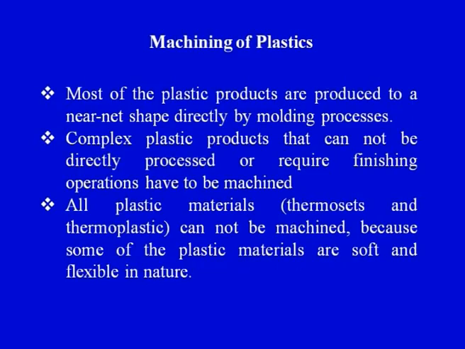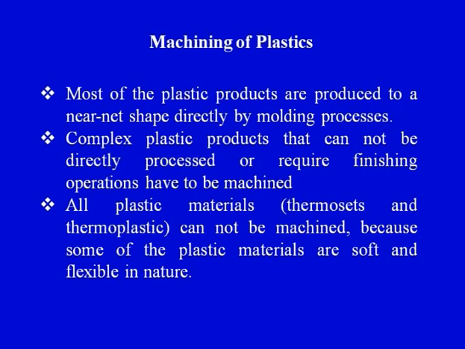We may be requiring a drilling operation where we need to make a hole inside 2 or 3 different plastic parts so that we are able to assemble them using the mechanical fasteners. So sometimes the secondary operations in terms of machining also become imperative for the plastic parts. So all the plastic materials such as thermosets and thermoplastics cannot be machined easily.